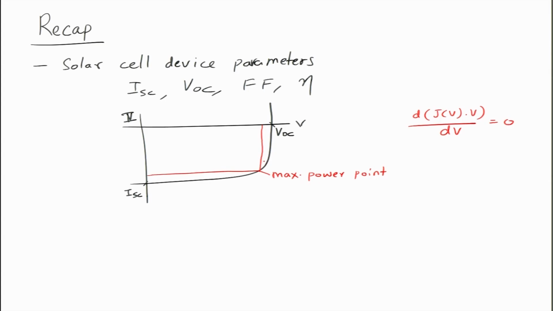Corresponding to this maximum power point, you have Im, which is the maximum current that can be extracted, and Vm, the maximum voltage that can be extracted.